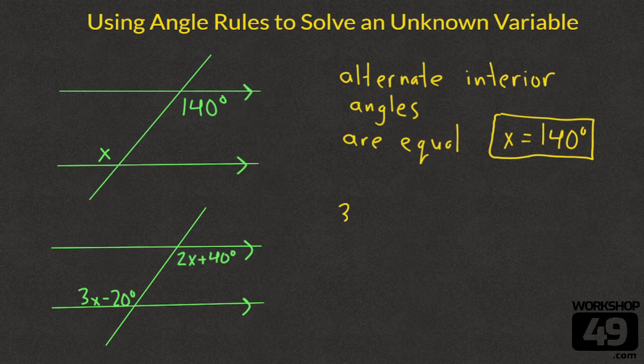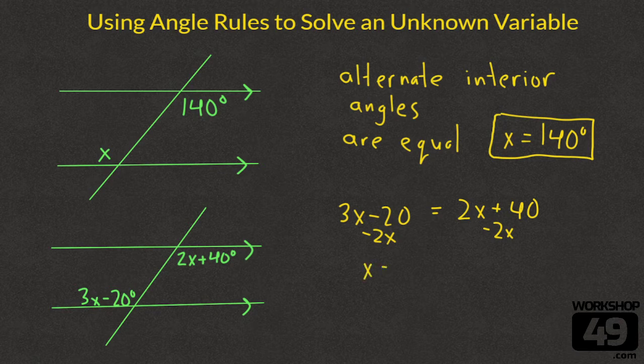If we end up with 3x minus 20 equals 2x plus 40, we can bring our x's over to one side, subtract 2x, 3x minus 2x is just an x, minus 20 equals 40. I want to get this x all by itself, so we're going to add 20, and we get a final answer of x equals 60 degrees.